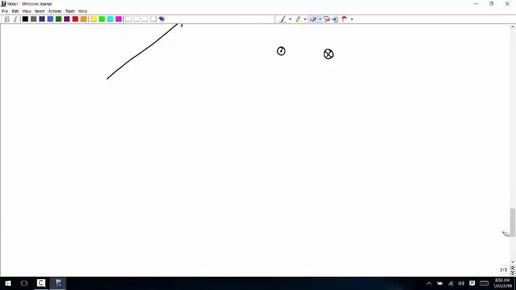Okay, so we're going to have to do mathematical operations with vectors. First, I'm going to go through how those happen graphically. So, vector operations, a graphical approach.